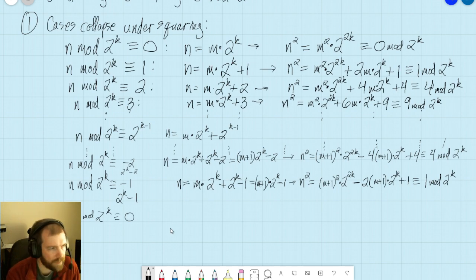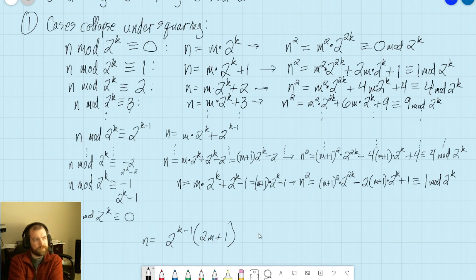So if we take out 2 to the k minus 1, so n equals m, nope, 2 to the k minus 1 multiplied by, we'd be left over with 2m plus 1, which is just going to be an odd integer.